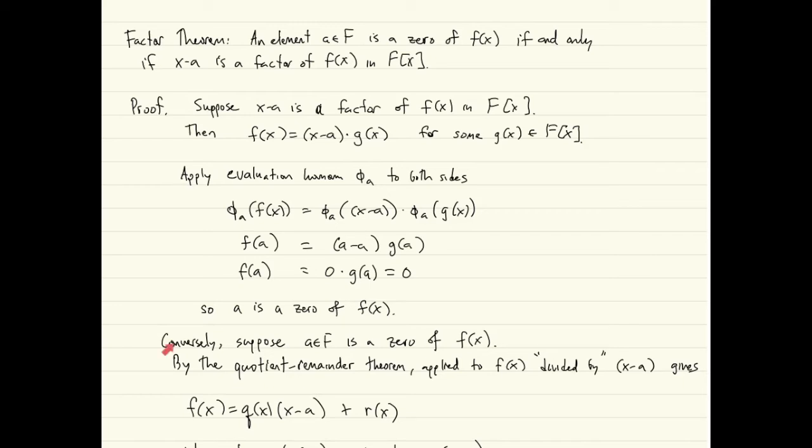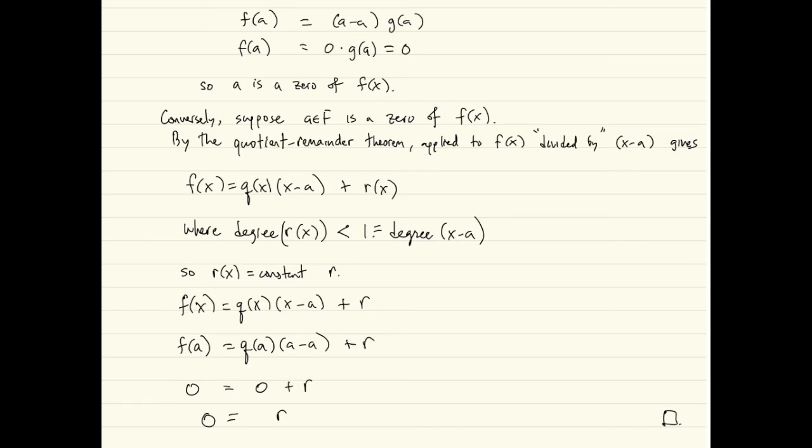Okay, now conversely, suppose we have a number in the field F, call it a, that is a zero of our polynomial. That means f(a) is equal to 0. Now by the quotient remainder theorem, when we divide f(x) by x minus a, we get some quotient q(x) and some remainder r(x), where the degree of r(x), the remainder, is less than the degree of x minus a.